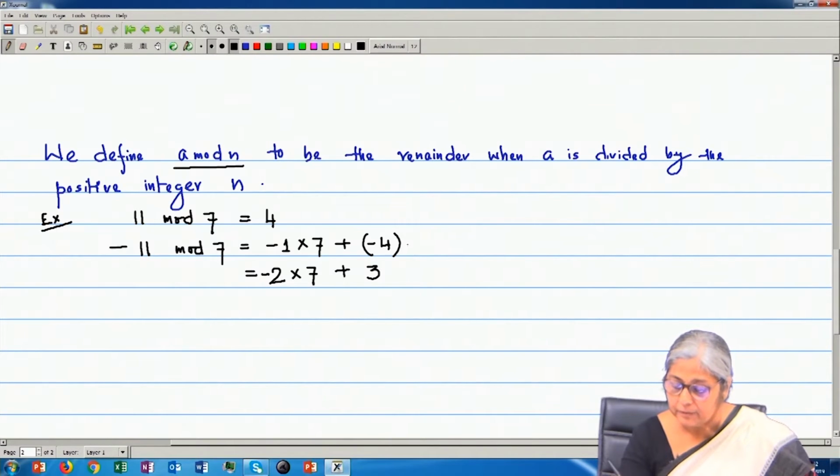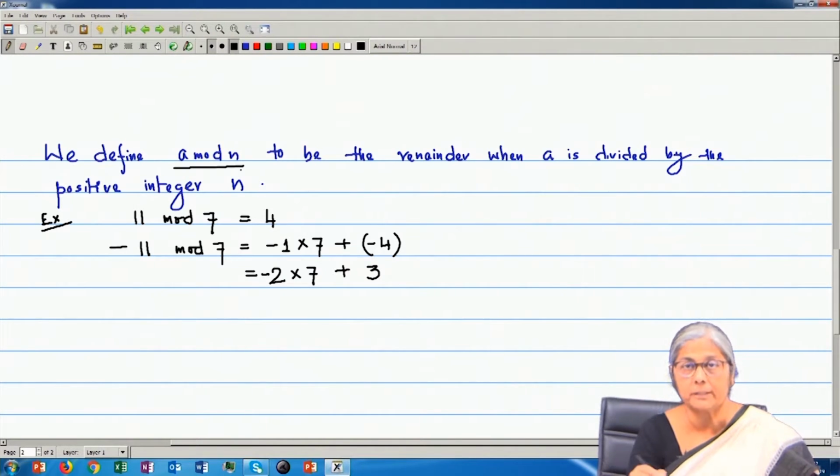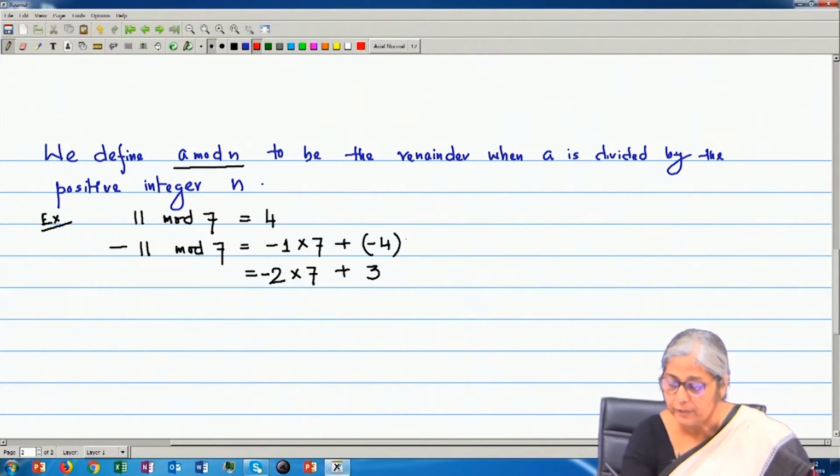Since we have defined it as the remainder, this can be minus 4 or this can be 3.